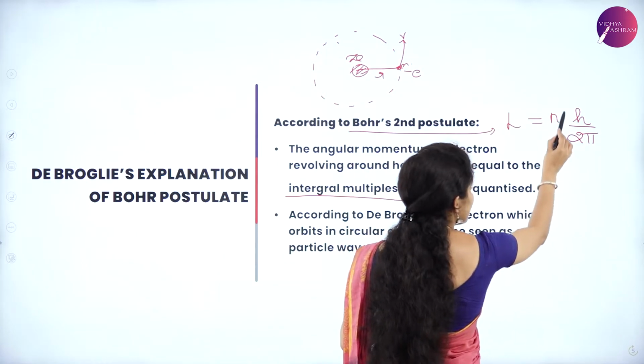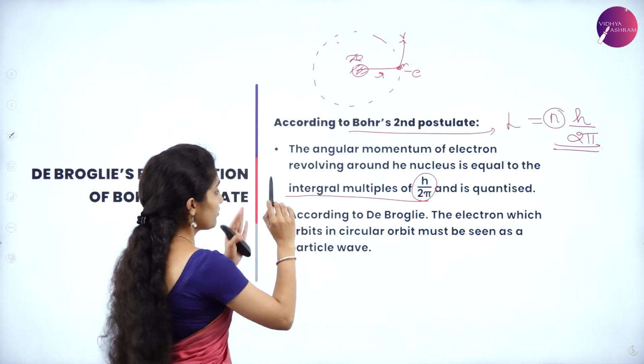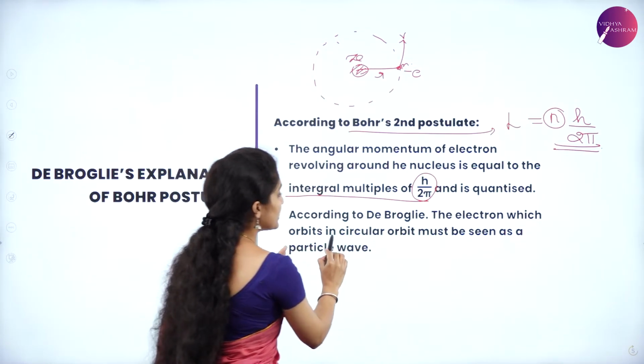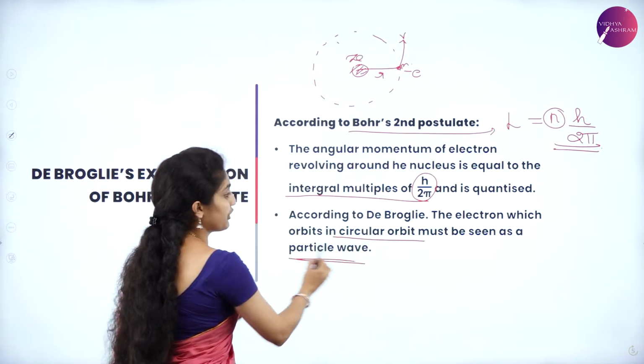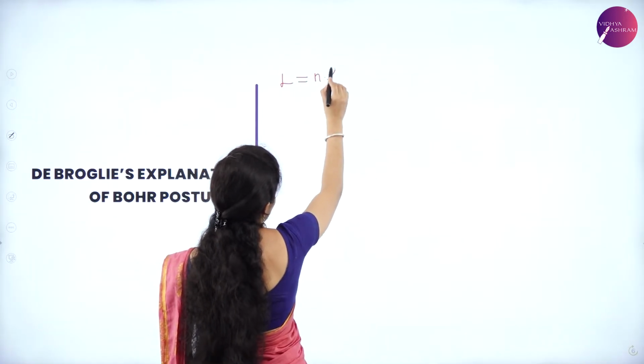Quantized in the sense of integral multiples of h by 2 pi. According to de Broglie, the electron which orbits in a circular orbit must be seen as a particle wave. Now, we have Bohr's postulate equation given by L equals nh by 2 pi.